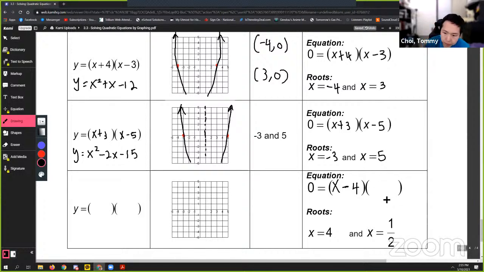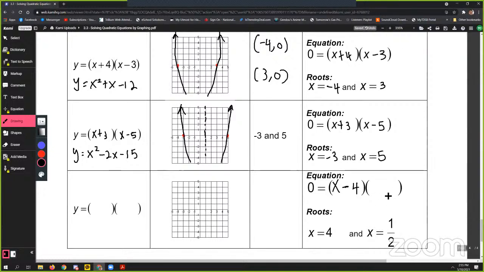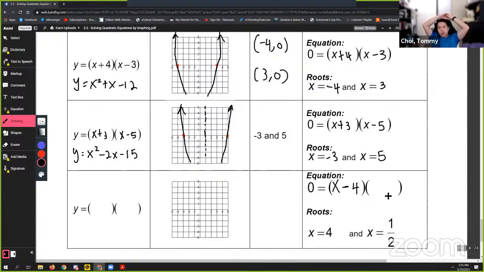What's the second bracket? If x equals 1 over 2, how do we get the bracket here? Can you do decimal 0.5? You can do 0.5, but I'd like to avoid that if possible. In the bracket, because we're working with factored form, we do want to avoid decimals in there.